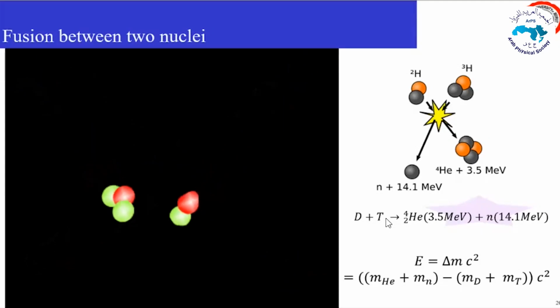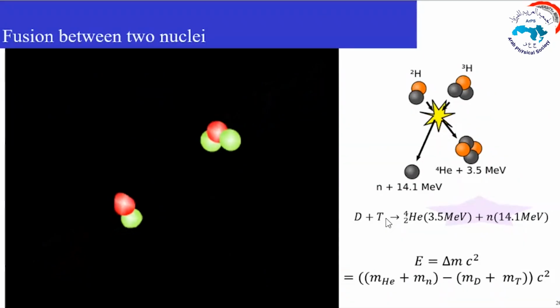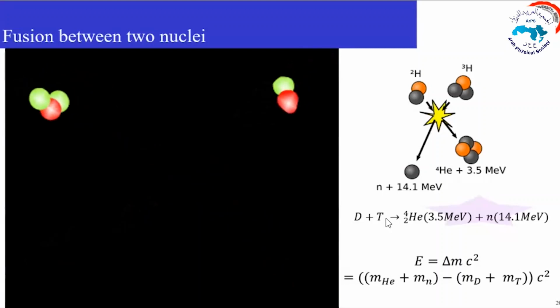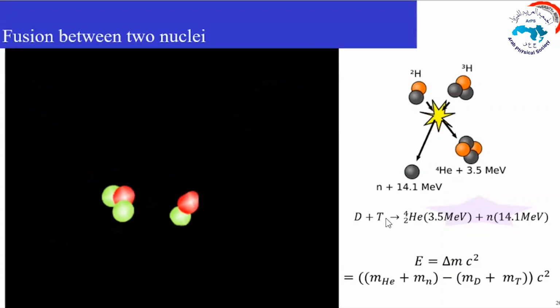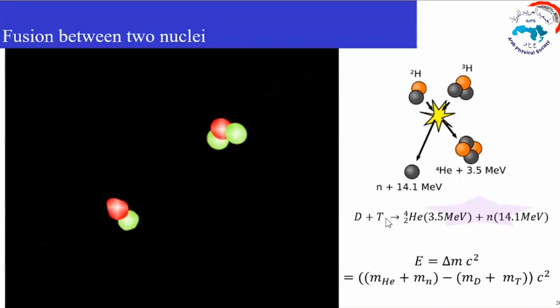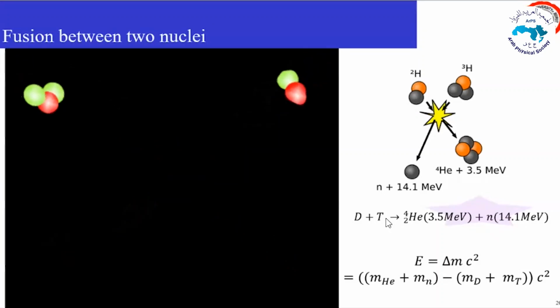So this is what people are interested in. Of course, it's definitely not only confined to deuterium-tritium. We can take any two nuclei, and they can make fusion, but of course the energies that are required will be much higher.